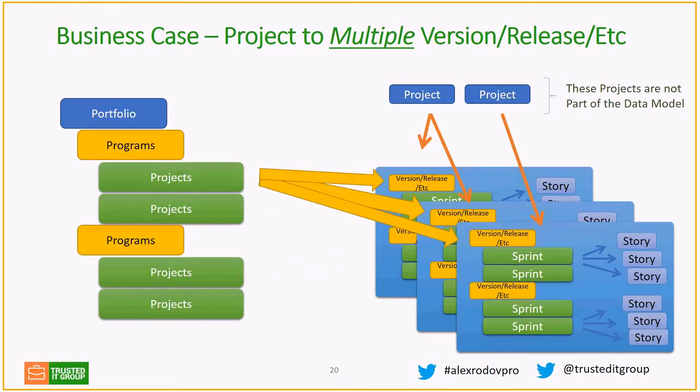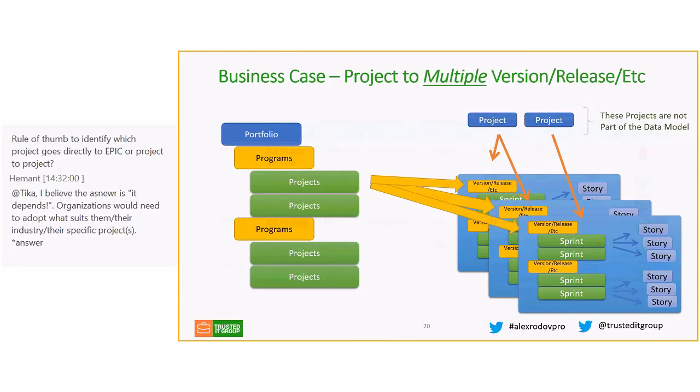So some of these versions are rolling up to one single project. So one project on the PPM may be linked to multiple projects on Agile, and those links could be to a particular version or release. I hope I'm explaining it in a way that can be easily understood. Anyway, we'll have questions and answers, so we may come back to that.